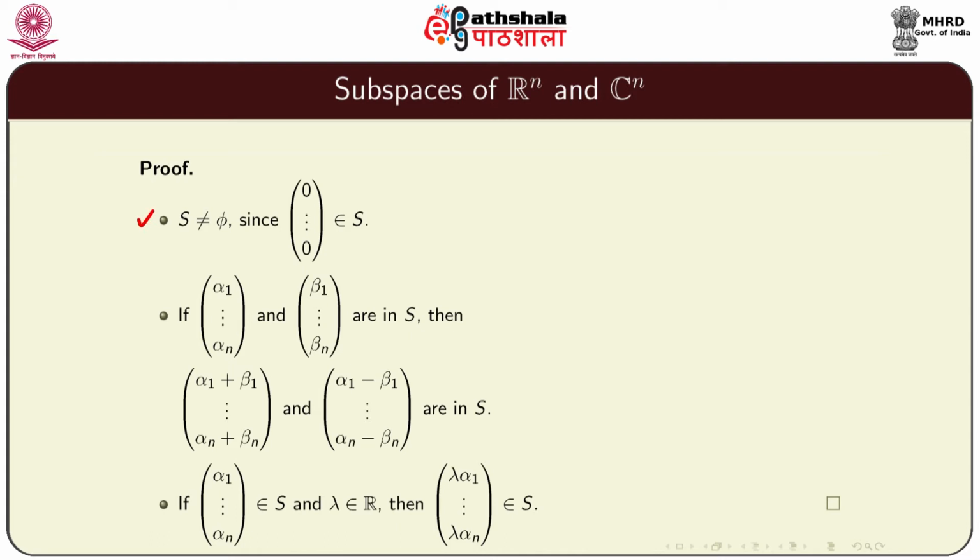First of all, S is non-empty because the 0 solution or the trivial solution is in S. If there are two such n tuples, alpha 1 to alpha n and beta 1 to beta n, in S, then alpha 1 plus beta 1 etcetera alpha n plus beta n and alpha 1 minus beta 1 etcetera alpha n minus beta n, these two n tuples are also in S. This is easy to see, and if alpha 1 to alpha n is a solution and lambda is a real number, then the scalar multiple lambda alpha 1 and so on up to lambda alpha n is also a solution.